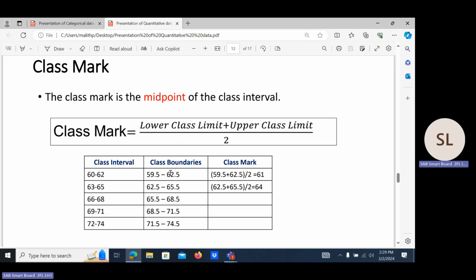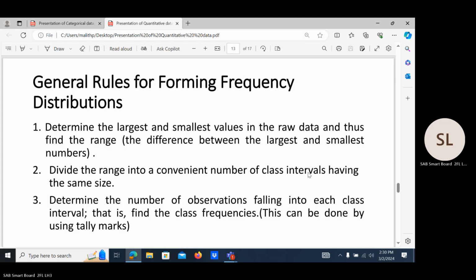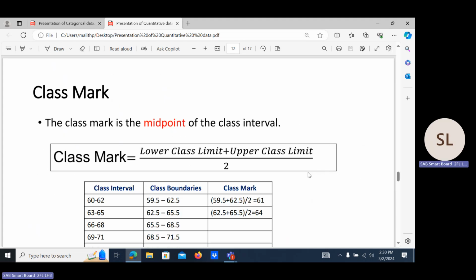Or we can use the class boundaries. When we want to calculate the class mark, we can use class limits or class boundaries, and both answers are the same. Understood up to that point?